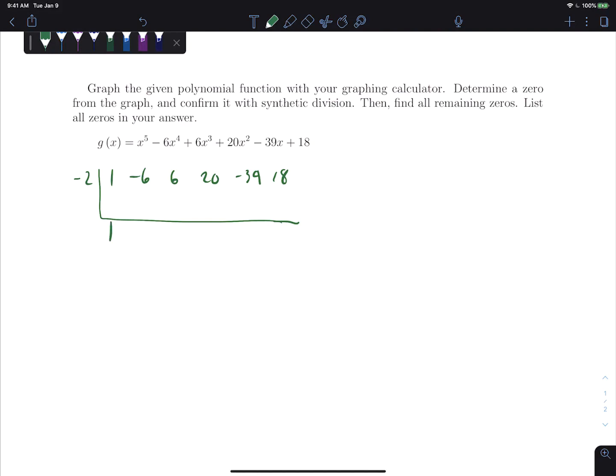Bring down, multiply, add, multiply, add, multiply, add, multiply, add, multiply, and add. Fantastic. What we just did is prove that -2 is a 0. Good deal.